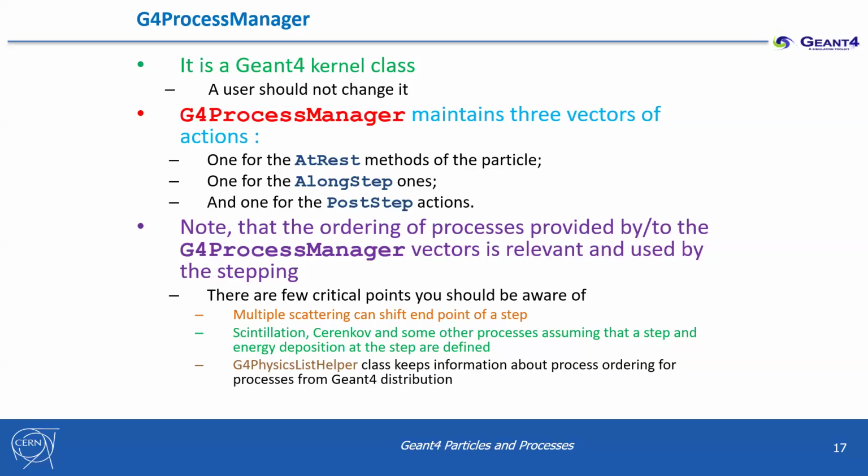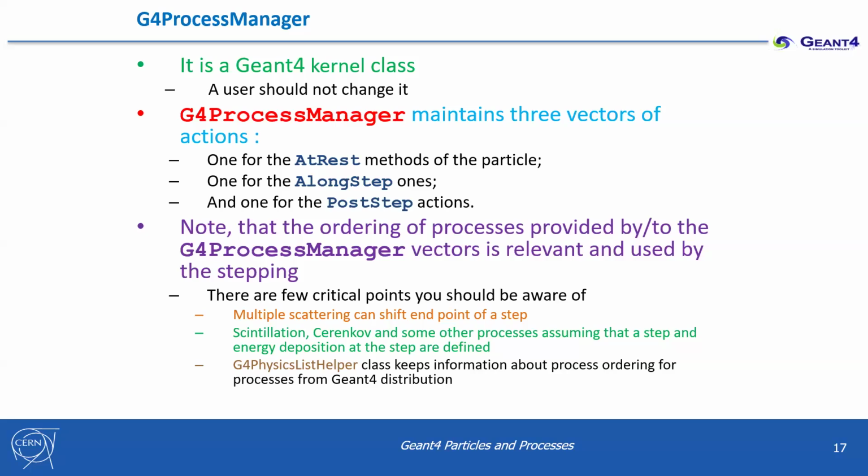There are a few critical points which you should be aware of. Multiple scattering process is a very important process which was introduced in the previous century. It was shown that many elastic scatterings can be described as one scattering which takes into account these multiple elastic processes.